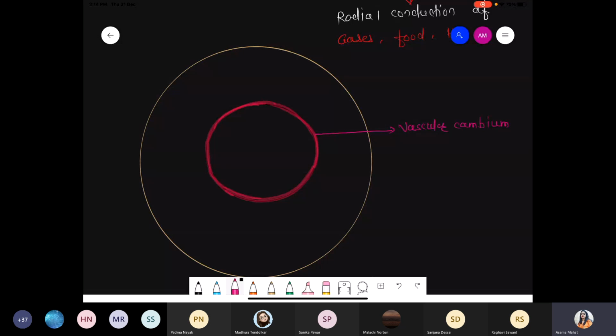Now I hope you remember vascular cambium. They cut toward the outer side as well as the inner side, and they form secondary xylem as well as secondary phloem. Toward the outer side, these cells present are called secondary phloem.